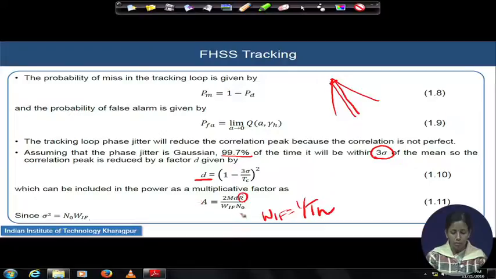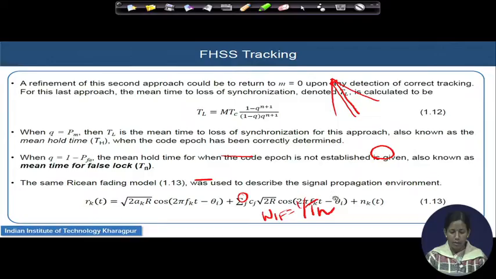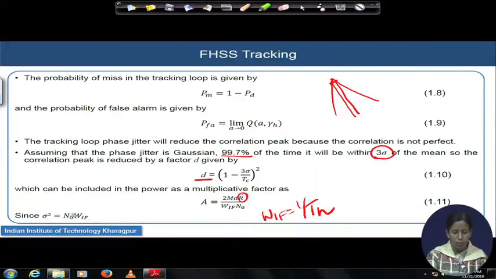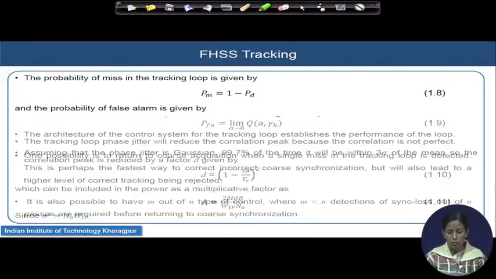The sigma square comes into the expression of capital A as we have seen earlier, but here we have changed it: the total noise power is the power spectral density of the noise multiplied by the noise bandwidth, which is equivalent to the signal bandwidth. So A has turned out to be like this.